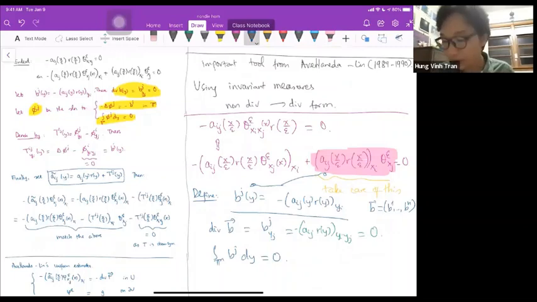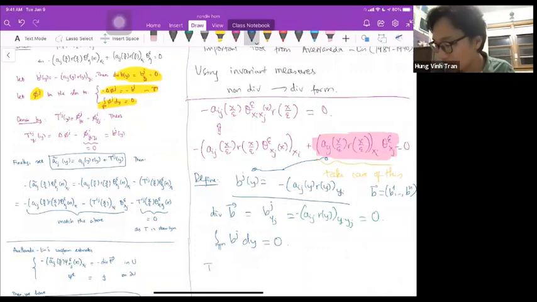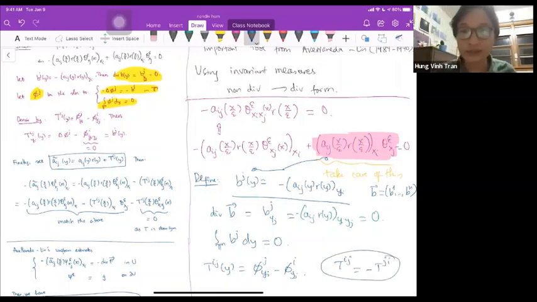So it has a solution φ, and then they define T_ij to be a skew symmetric matrix. So T_ij is ∂_i φ_j minus ∂_j φ_i. Very beautiful. So you have T_ij equals minus T_ji, skew symmetric. Remarkable. Okay. And then you can compute that ∂_i T_ij is equal to b_j.